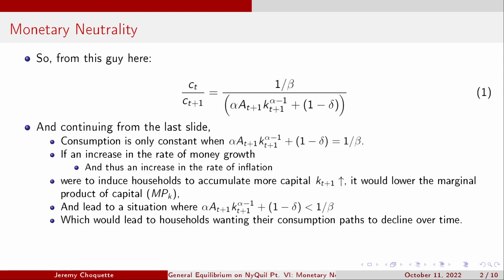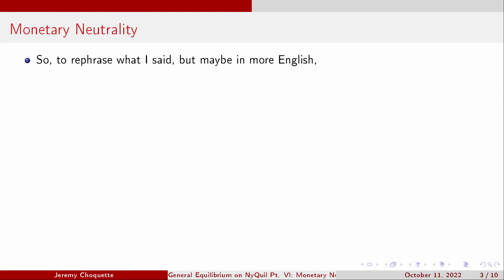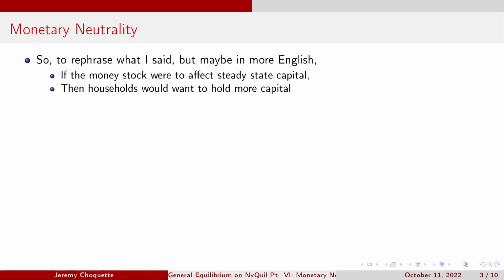And so we would essentially have households wanting their consumption paths to decline over time, which means they increase their current consumption and future consumption falls, thus reducing their holdings of capital. Because of that, steady state capital is independent of the rate of inflation. Another way I can say that, in slightly better English: if the money stock were to affect steady state capital, households would want to hold more capital.